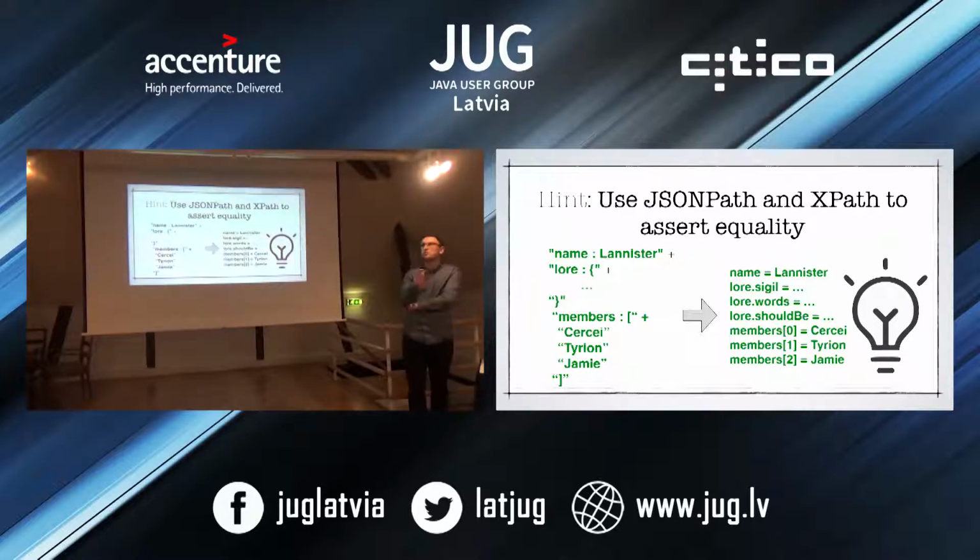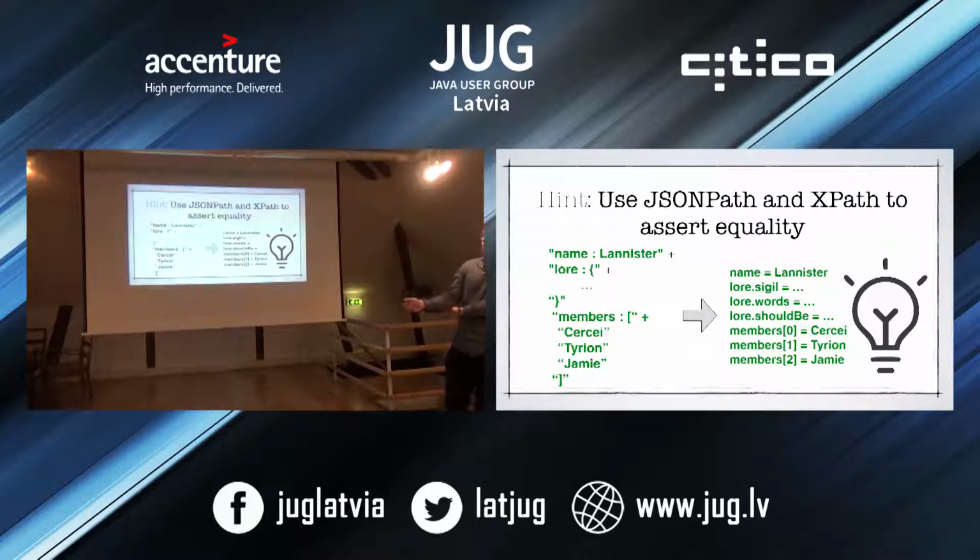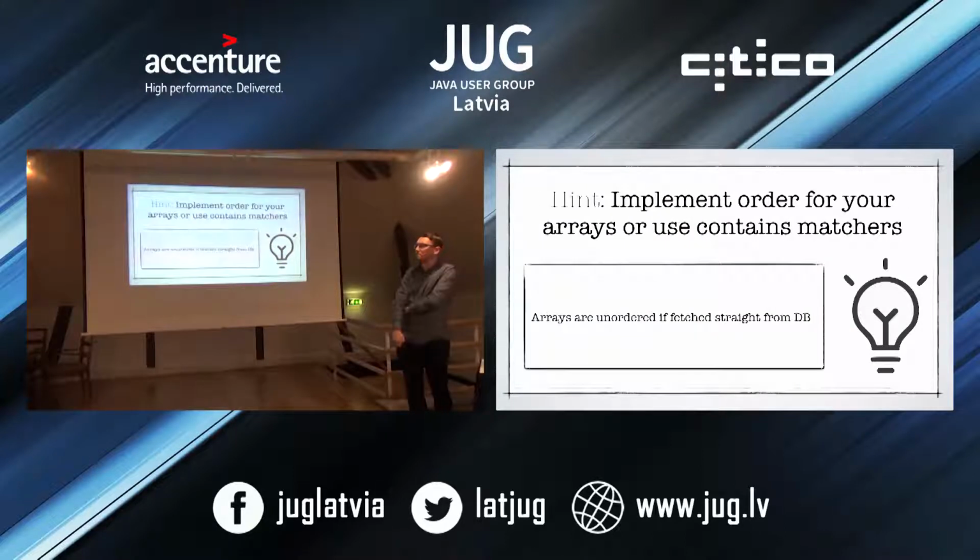Because it's not a good idea to put order by everywhere. Because actually, you need it only for tests. You don't need it for users. They don't care in which order the information is returned. So you can either implement an order for your arrays, or you can use contain structure. It says that this array should contain Cersei or Tyrion.